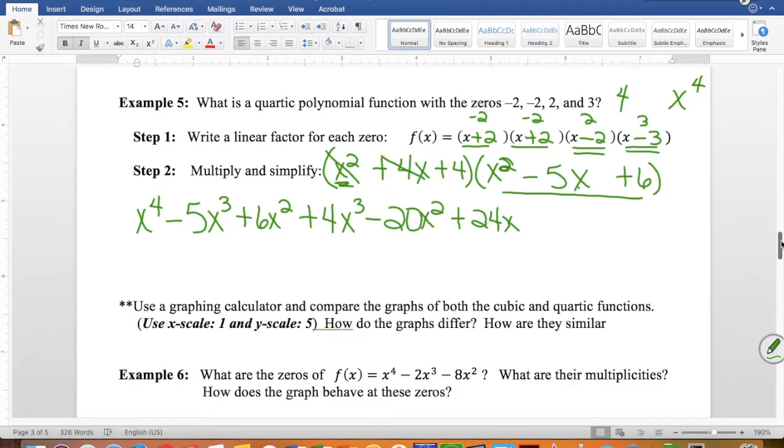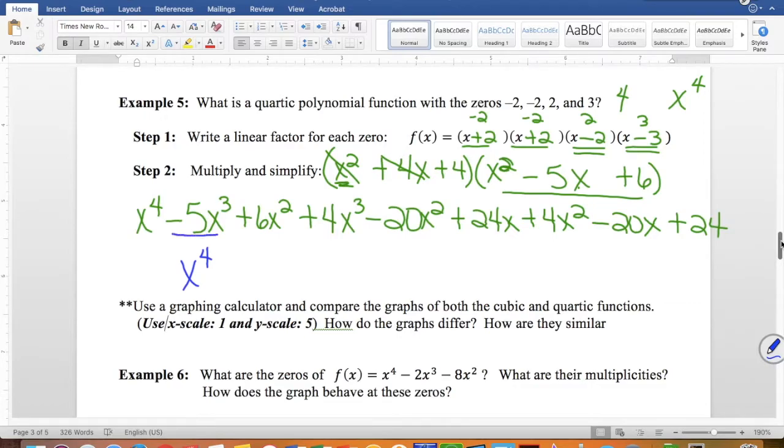Third term, 4 times x squared becomes +4x squared. 4 times -5x becomes -20x. And then 4 times 6 becomes +24. Okay, let's combine our like terms, and that will be our last step. As I look through here, I don't have any other x to the 4th, so my leading term will be x to the 4th.